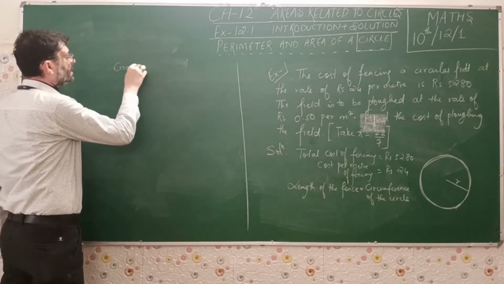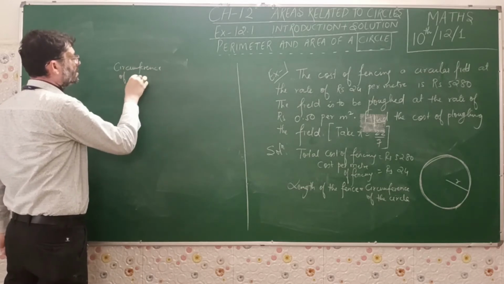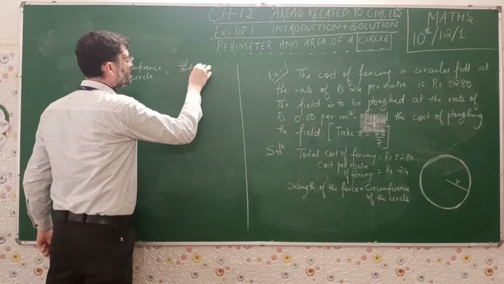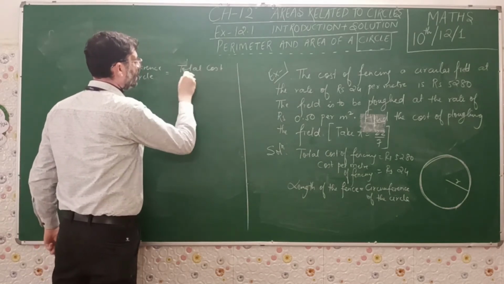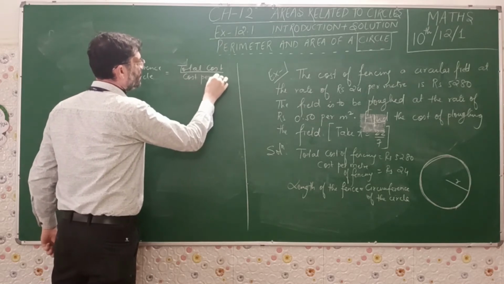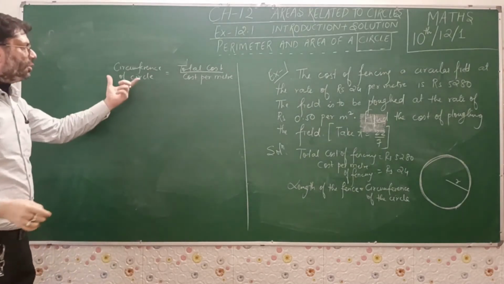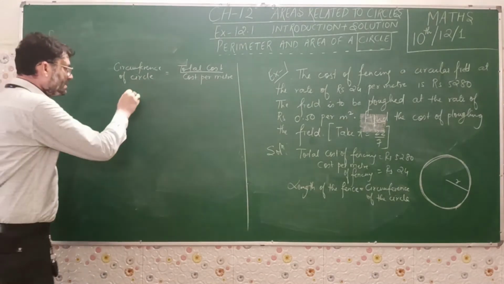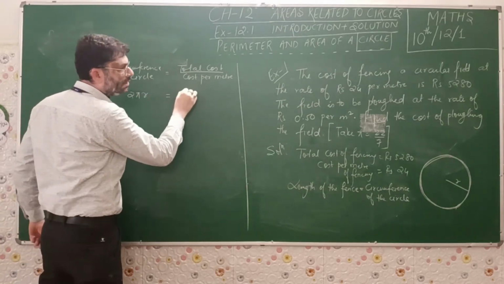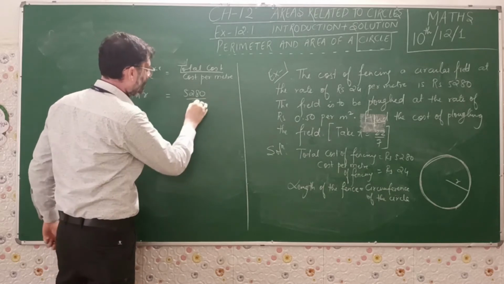That is circumference of the circular field is total cost by cost per meter, 5280 by 24.